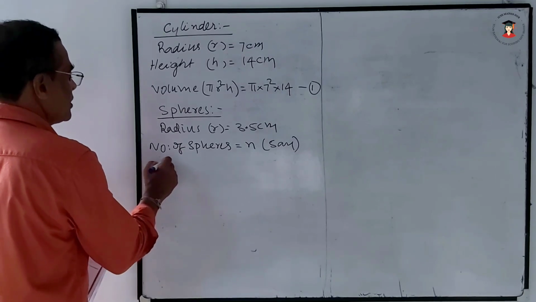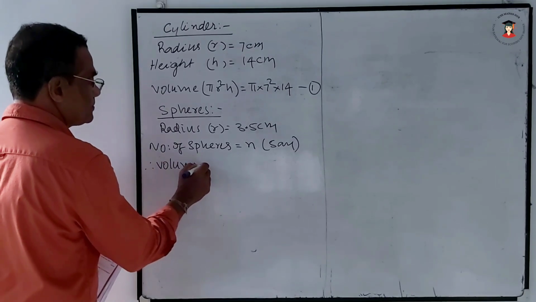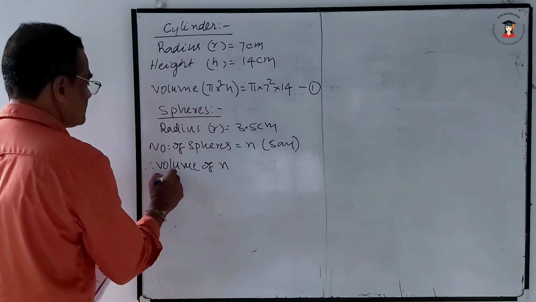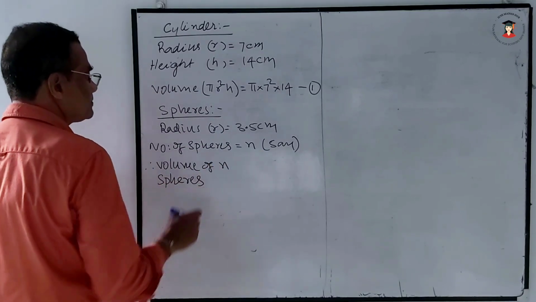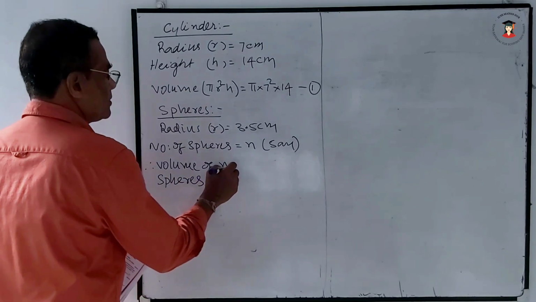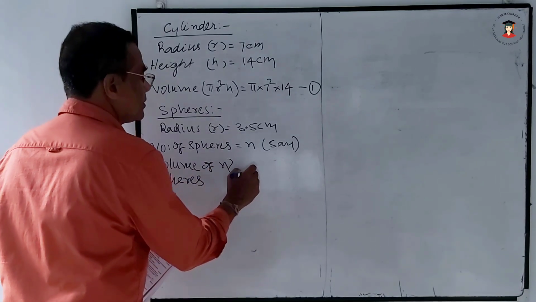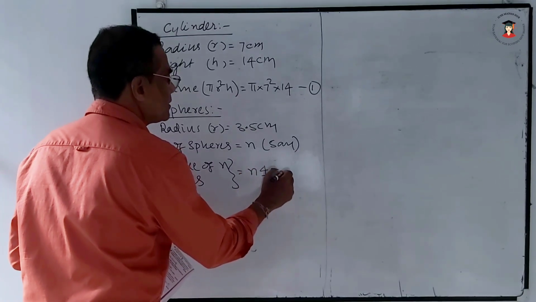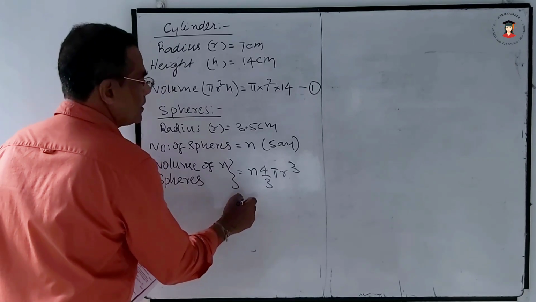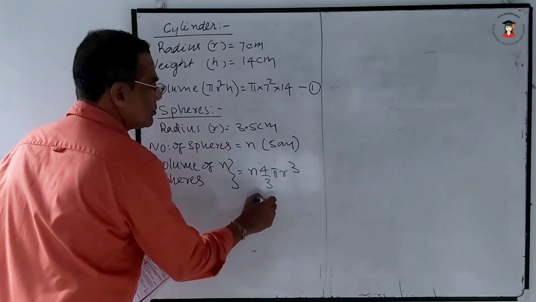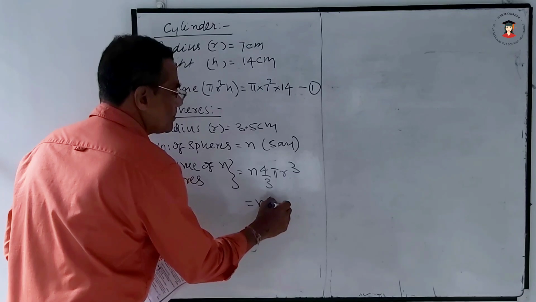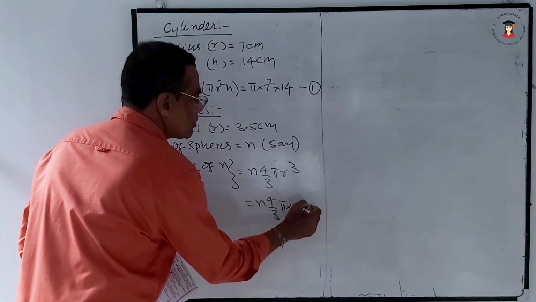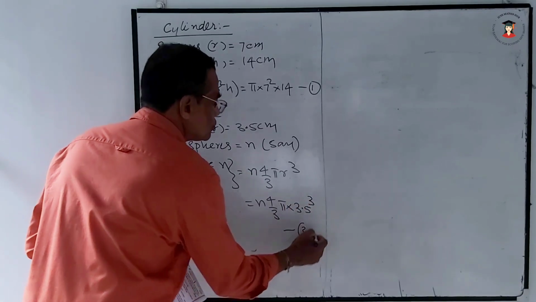Therefore, volume of n spheres equal to n into 4 by 3 pi r cube, equal to n into 4 by 3 pi into 3.5 whole cube. This is equation number 2.